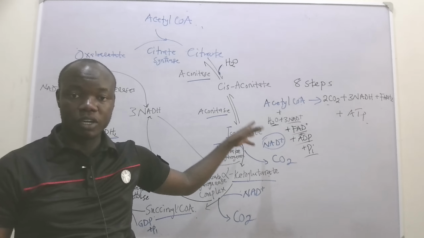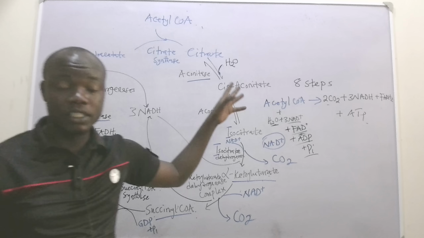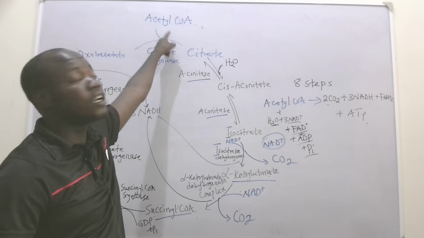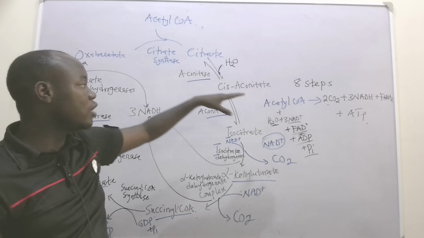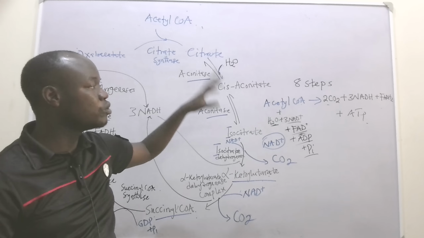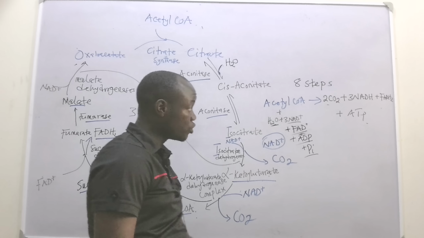Then in the mitochondrial matrix, the pyruvate dehydrogenase enzyme complex converts the pyruvate to acetyl-CoA, and then the acetyl-CoA enters the 8 series of reaction steps where 2 molecules of CO2, 3 molecules of NADH, 1 molecule of FADH2, and 1 molecule of ATP are produced.